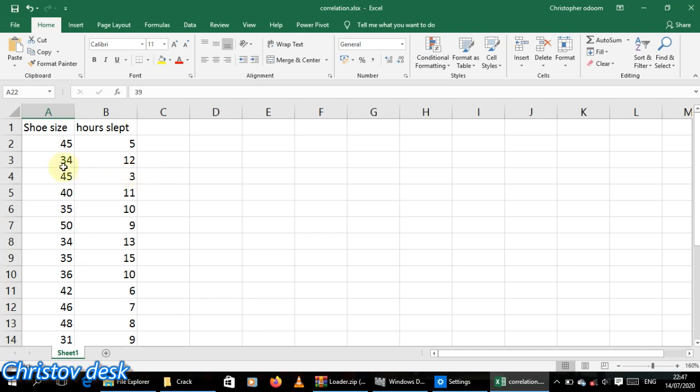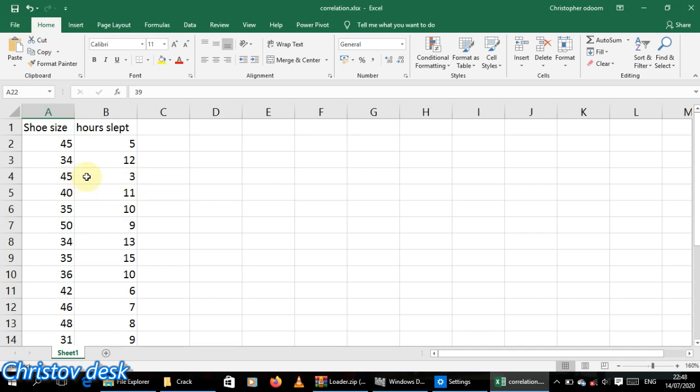Actually, this data was to be used for a regression model, because it was believed that somebody's hours of sleep depend on the size of the shoe, or the size of a shoe depends on the hours the person sleeps. That is basically what this data was used for.